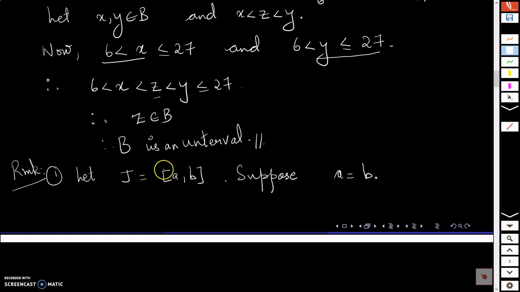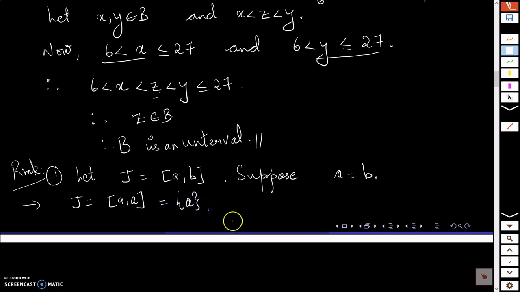Then how many points will be coming in this interval J? The first endpoint is a, and we now are told that b is also equal to a. So J will be of the form [a, a]. That means a is included and a is included, and there is nothing between a and a, right? Because a is the same point. So this will be a singleton set.